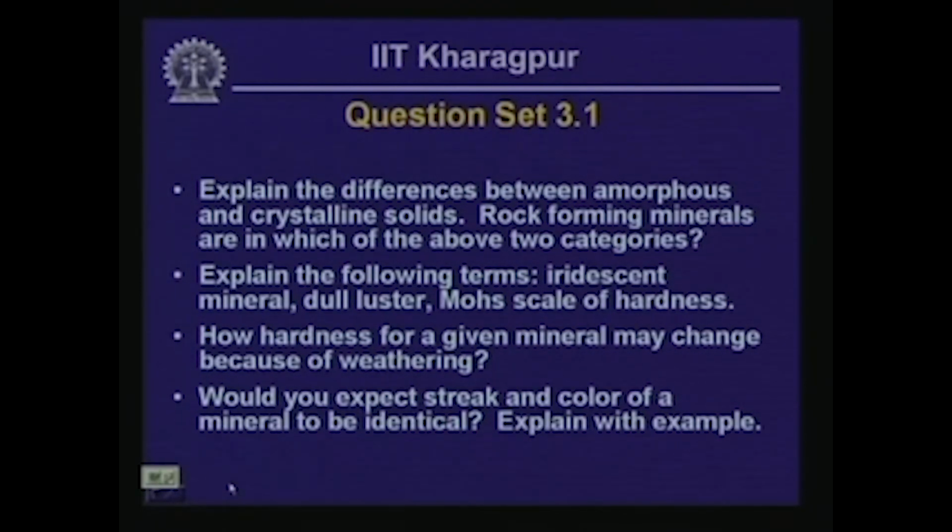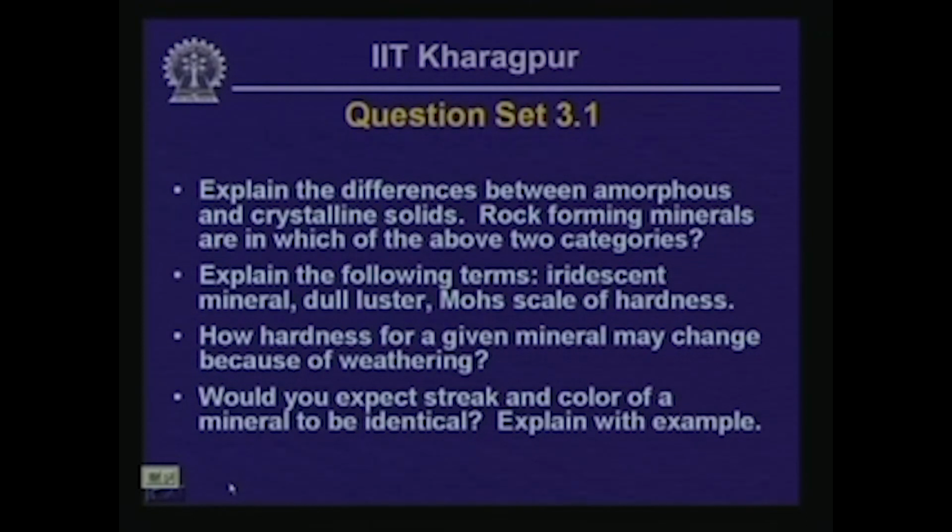If because of weathering a mineral changes its chemical characteristic, or it changes from being one mineral to another mineral, then for obvious reasons hardness will also change as a result. What normally happens is that because of weathering, hardness most of the time decreases with time. That is not true always, but in general that is what happens.